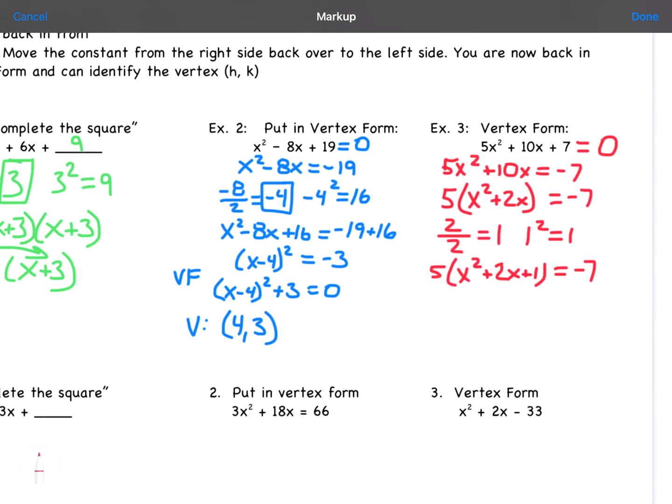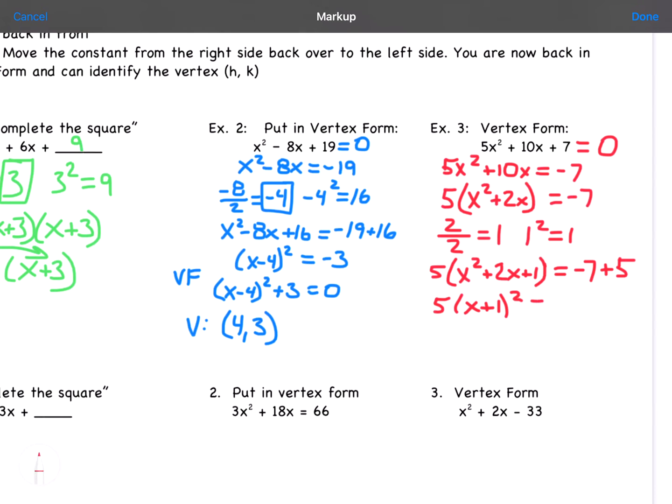And now you need to be careful with how many did we actually add to the left-hand side. You might want to say 1, but we put the 1 there, but it's inside parentheses, and outside the parentheses is a 5. So it's actually 5 times 1. So on the right-hand side, we need to add 5. And now we can factor it. So x squared plus 2x plus 1 factors out to be x plus 1, the quantity squared.